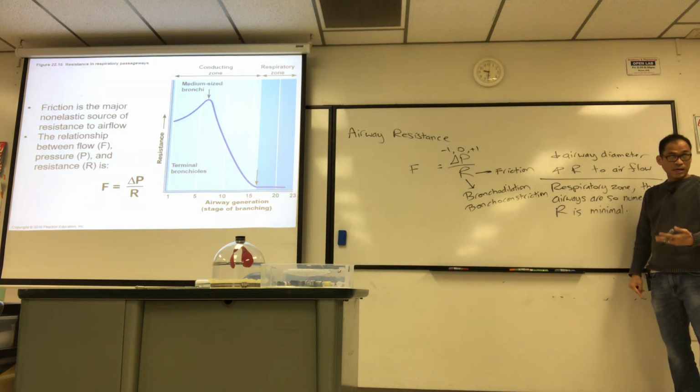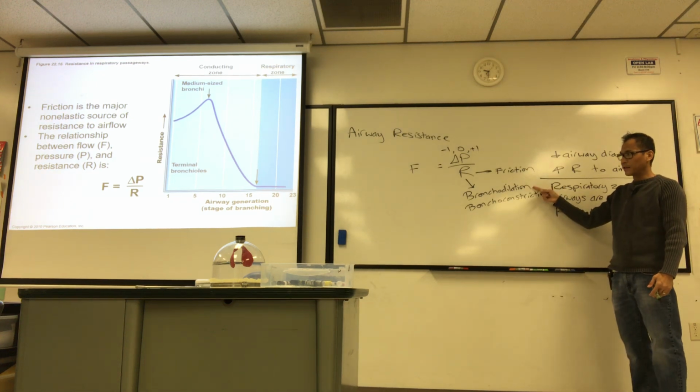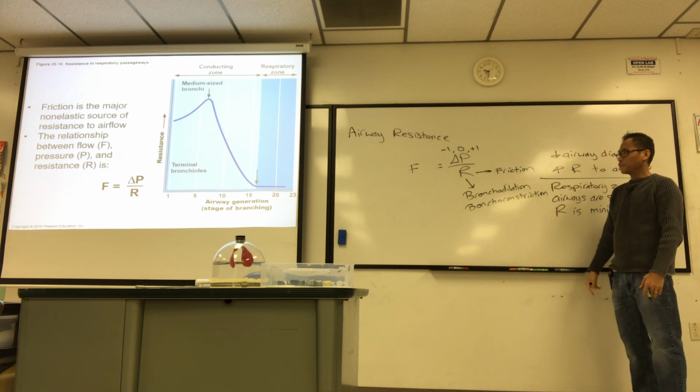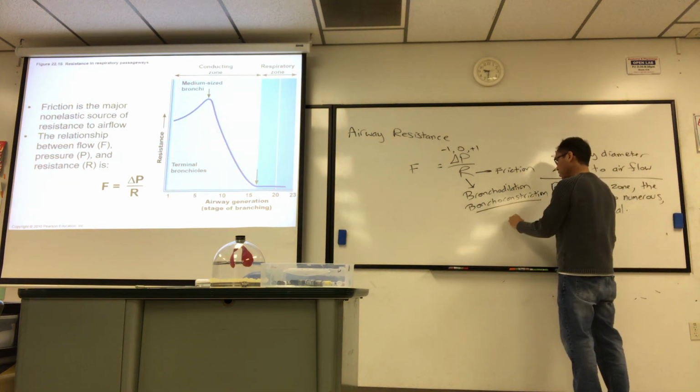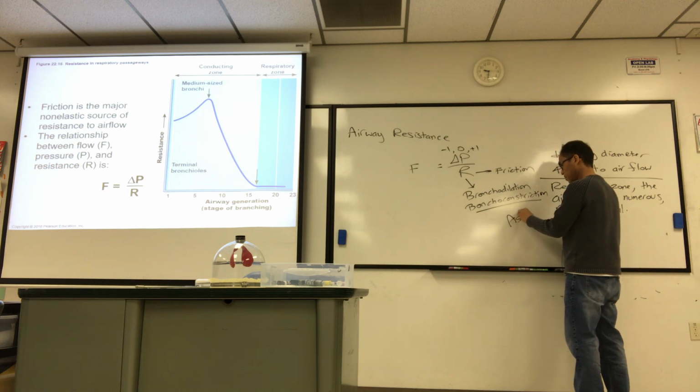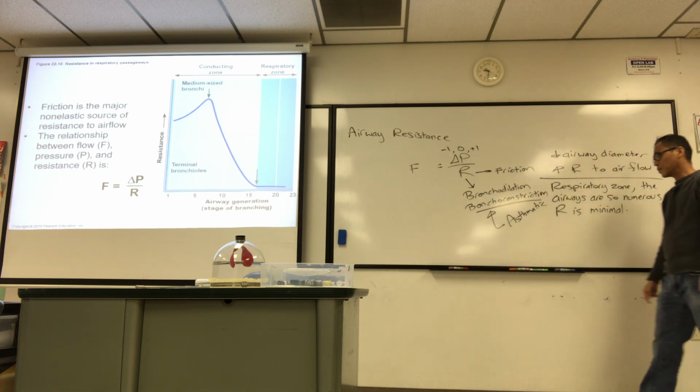If you have to increase airflow because of increased metabolic workout from your exercise, then the sympathetic nervous system will kick in, you'll dilate a little more. Pretty much, if you bronchoconstrict too much, maybe you're asthmatic, or you have a spasm of the smooth muscle, the bronchioles.